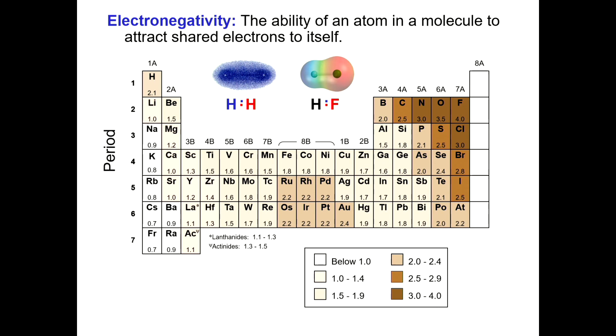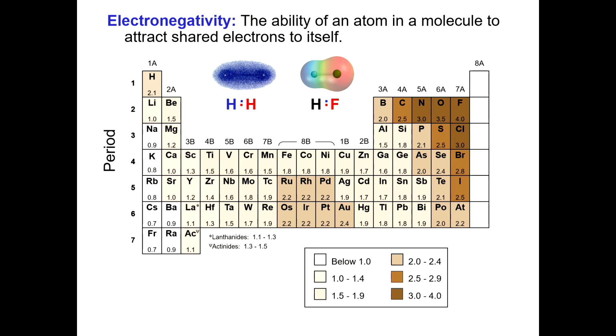For example, fluorine is the highest one, and we just set its number to 4. Based on this number, we can calculate the electronegativity of other atoms.